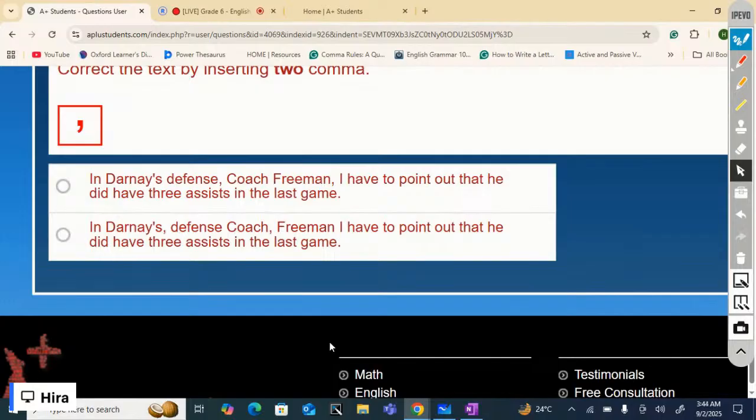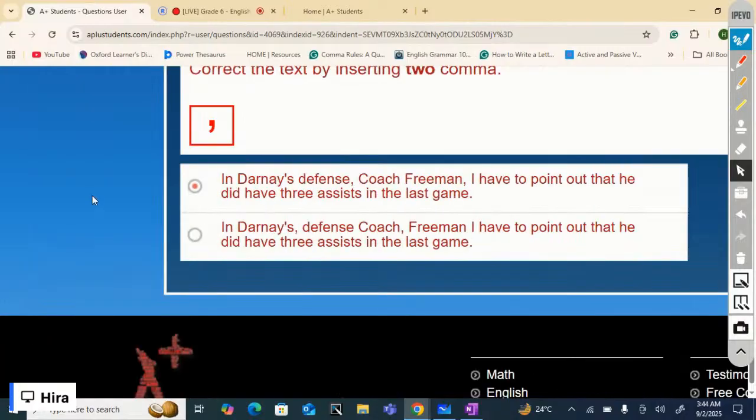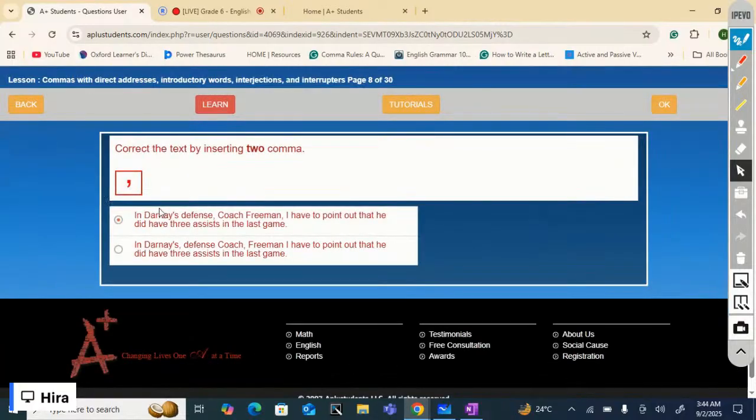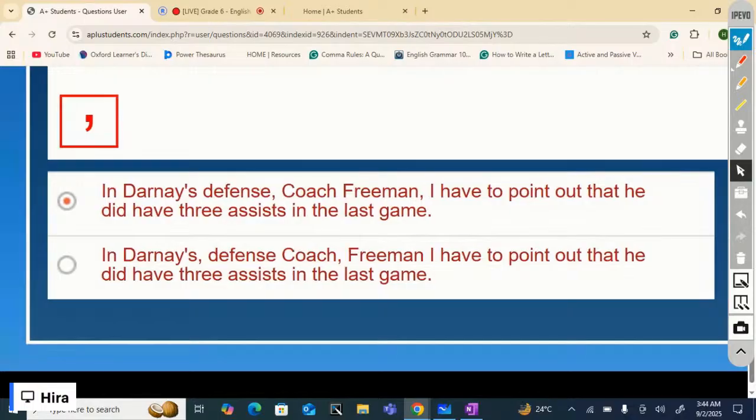And yes, very good. Option one is it because it's a direct address. So use commas around it because the direct address doesn't end the sentence. So one more comma here.